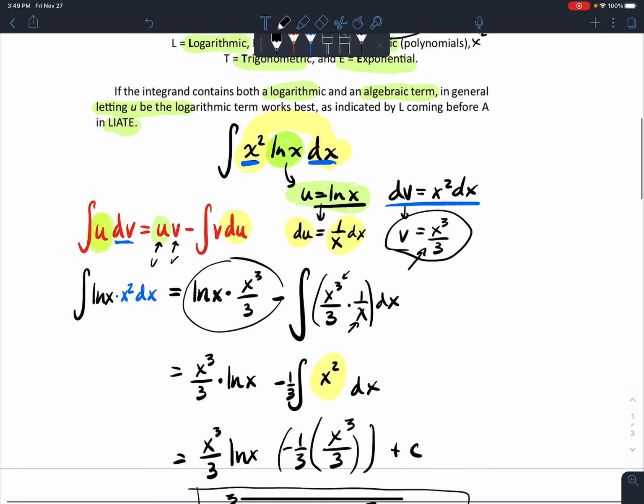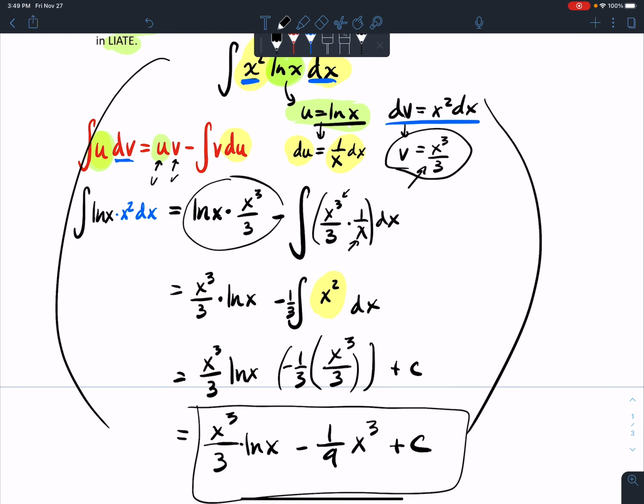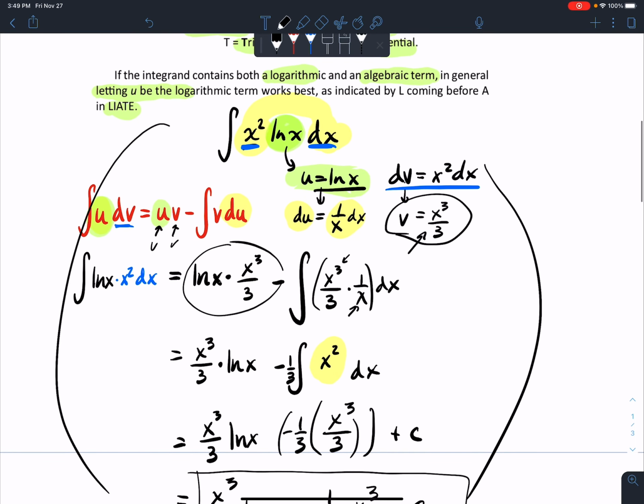So that was kind of impromptu, I didn't really mean to work through that, but it just so happened that we did, and it worked out just fine. But the idea here is you're trying to pick a u.